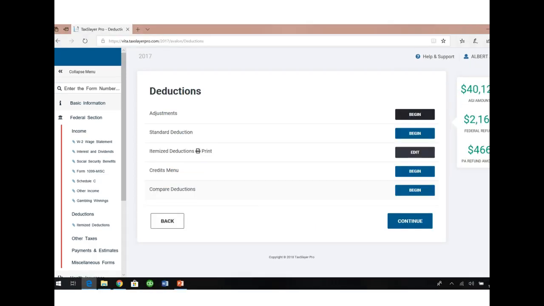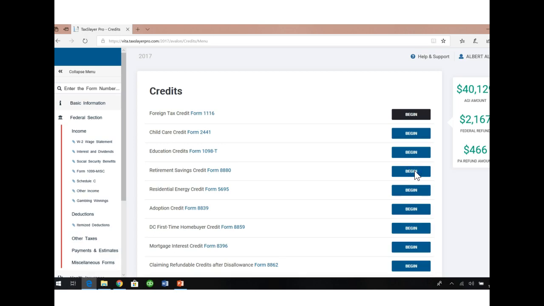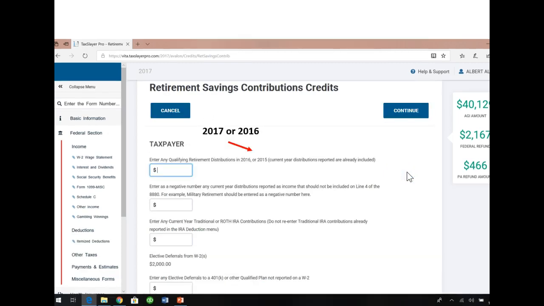Now, if you want to go look at the 8880, in the federal section, you go to Deductions, Credits, Retirement Savings Credit, Form 8880, and you'll see the $2,000 that we put on the W-2 automatically carries there for the calculation.